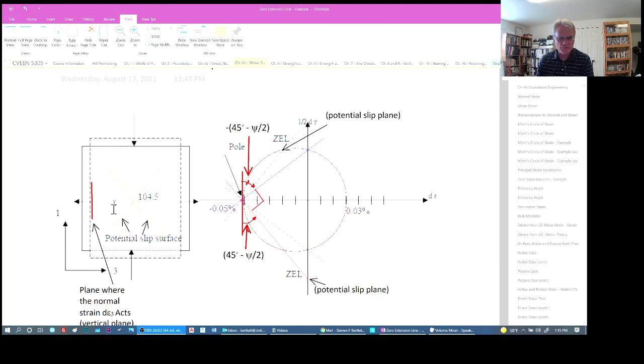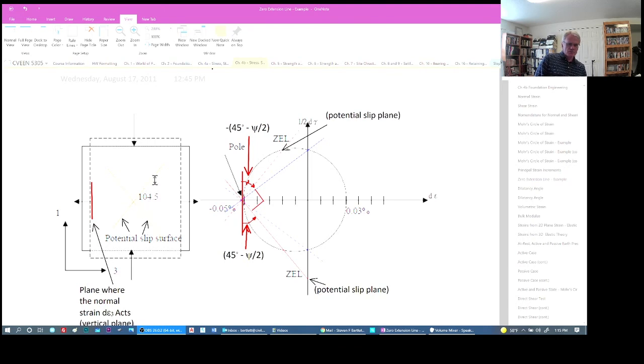There's a conjugate pair here. We don't know exactly which one of these would develop. Theoretically, they would both develop at the same time. In reality, though, in something that's not perfectly homogeneous, one might start to develop before the other.